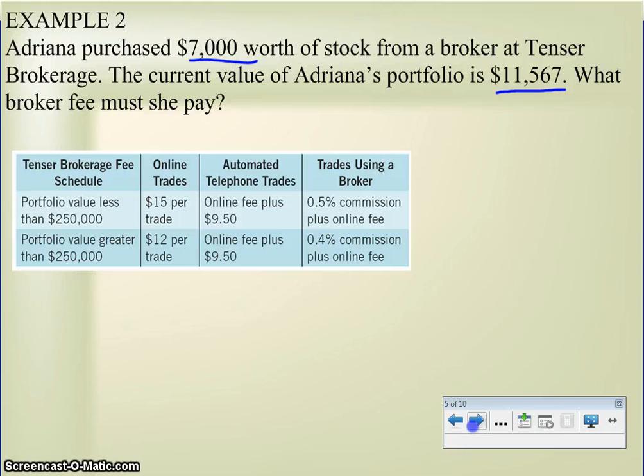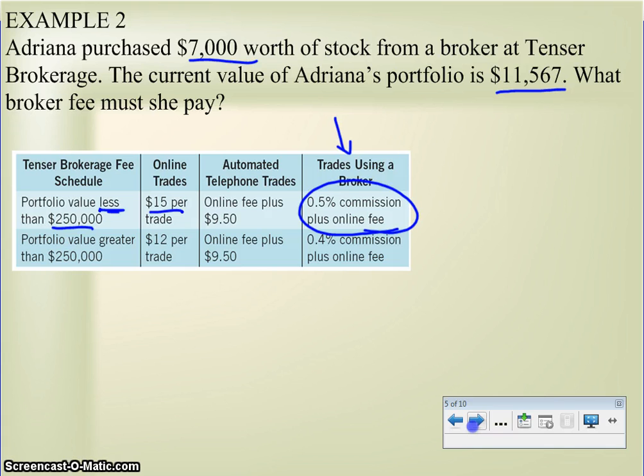So looking at this, it looks like she used an actual broker, so she's going to pay, the value of her portfolio is less than $250,000, so she's going to pay 0.5% commission plus the online fee.